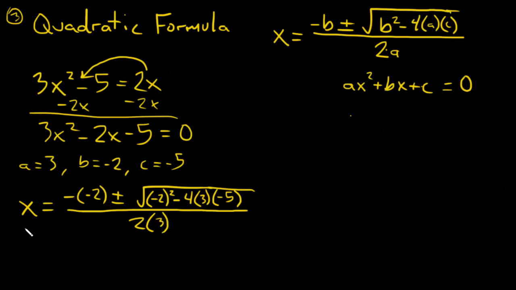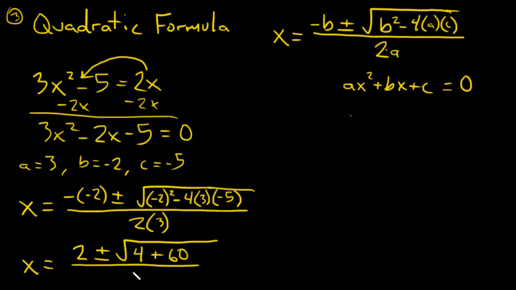Okay? So x equals negative 2 is positive 2 plus or minus square root of negative 2 squared, 4. 4 times 3 is 12 times 5 is 60. So plus 60. And then over 2 times 3, 6.